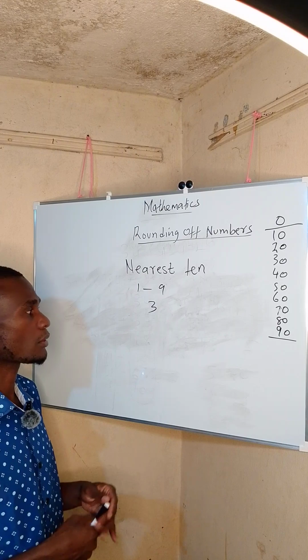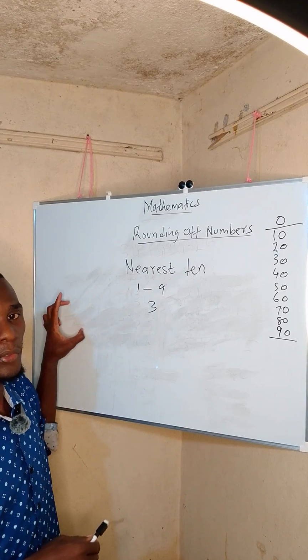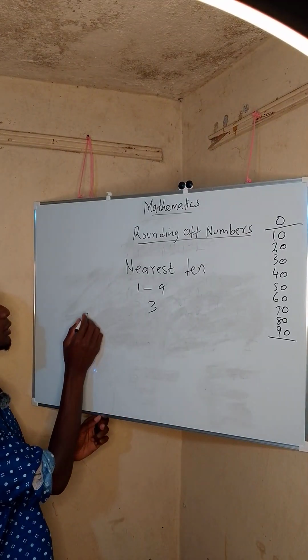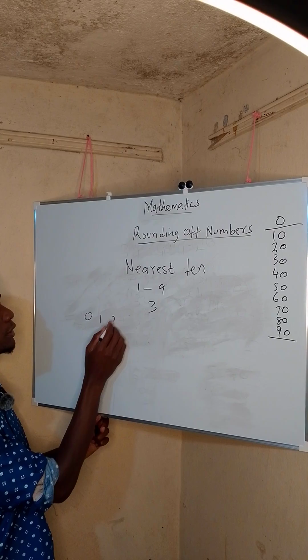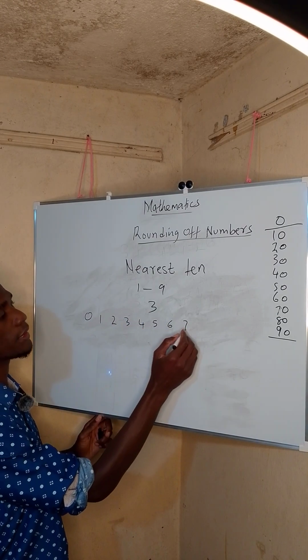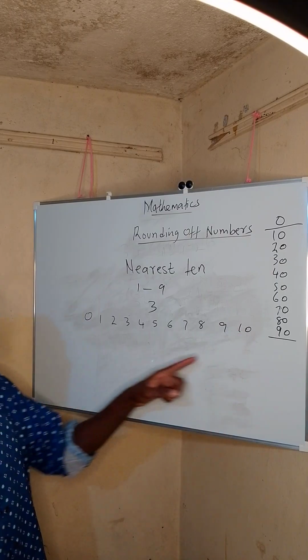In short, that's what I'm trying to say. So we are going to write these numbers from 0 to 10. That's the first step. We write the numbers 0, 1, 2, 3, 4, 5, 6, 7, 8, 9, 10. So these are the numbers.